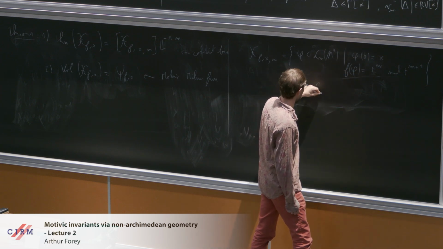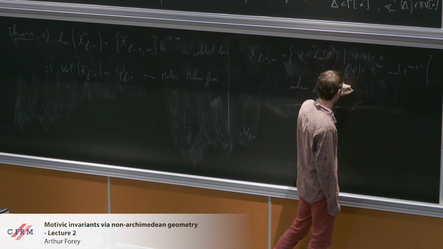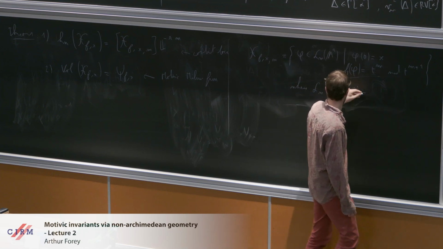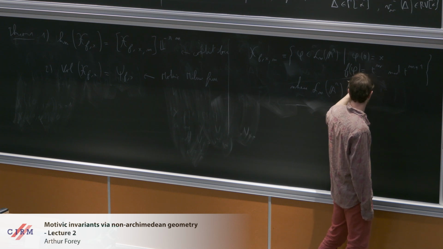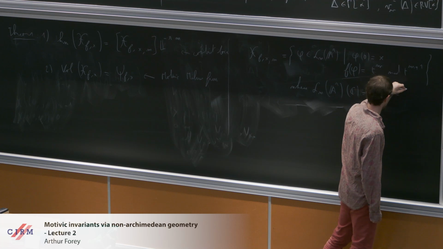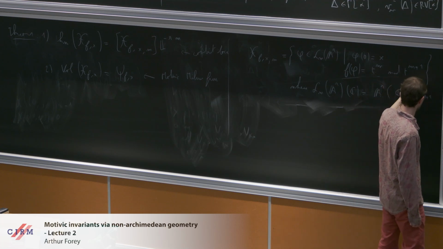Where these are truncated arcs. So the C points of this are the L_r, C[t] modulo t to the m plus 1.